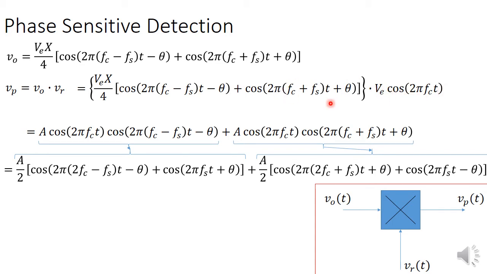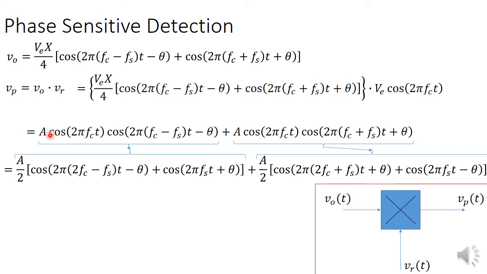This cos term and this cos term give you one term, and this cos term along with this give you the second term. Let's write the amplitude as A, and you can see that the amplitude A is equal to Ve x over 4 times Ve. So it's basically Ve square x over 4. So A is proportional to this amplitude x that we are trying to measure.